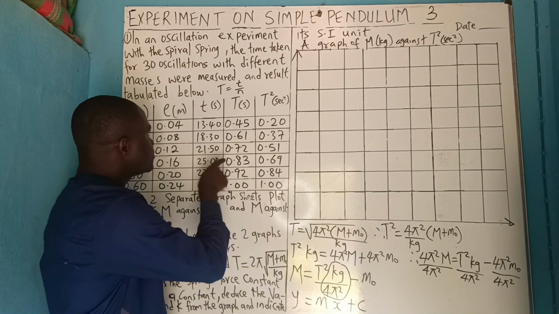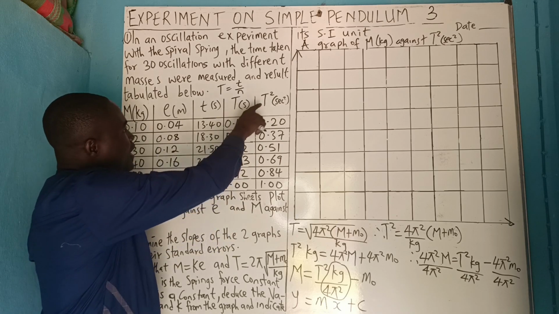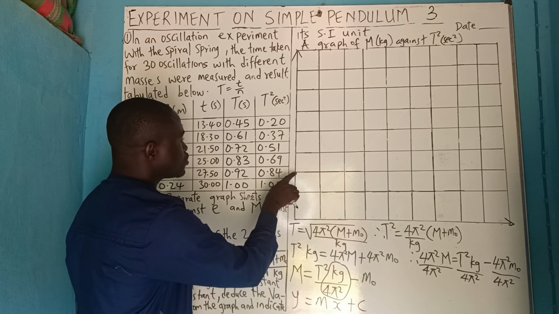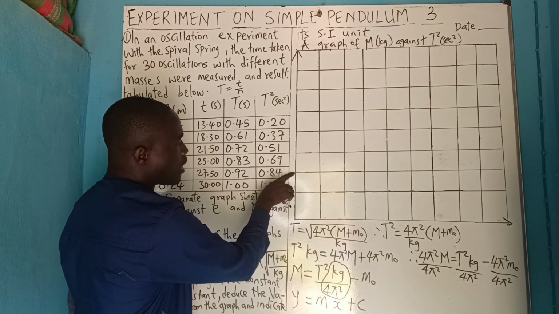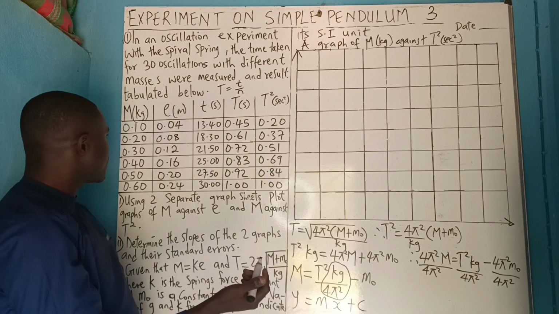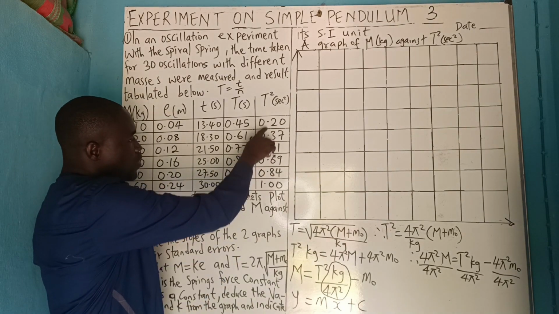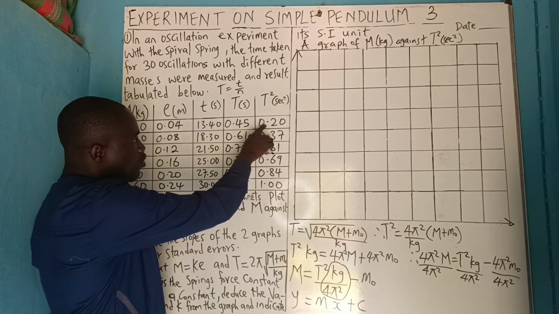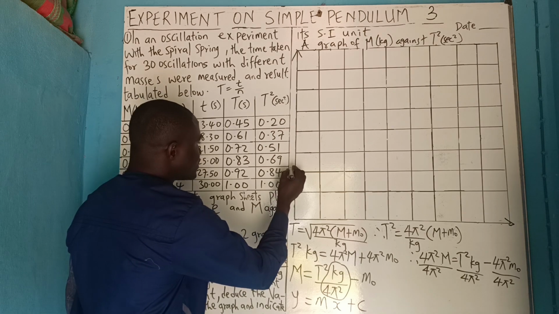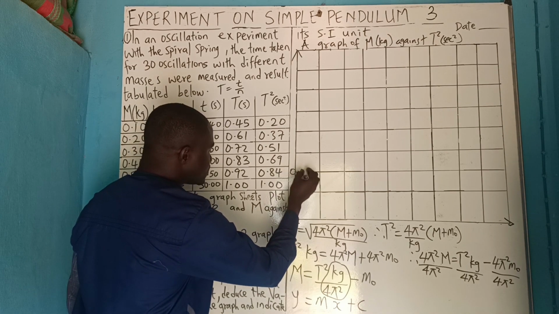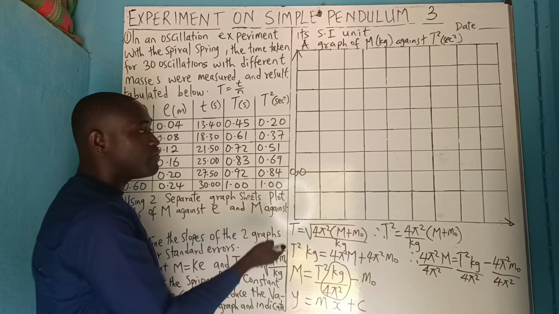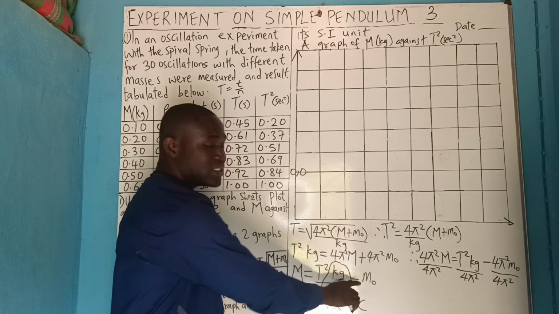Plotting the graph of m against T squared, let me choose the vertical scale: 0.01, 0.02, 3, 4, 5, 6. Checking T squared, the lowest is 0.2, the highest is 1. I can come here and say 0, so that we can get the negative part of the graph, because the intercept is negative.